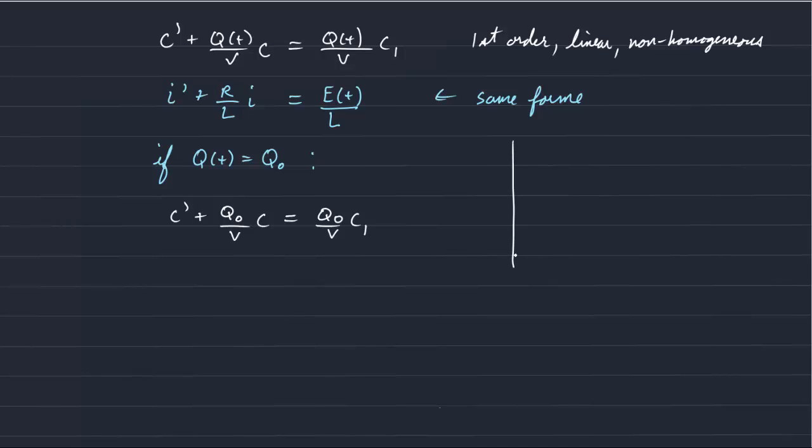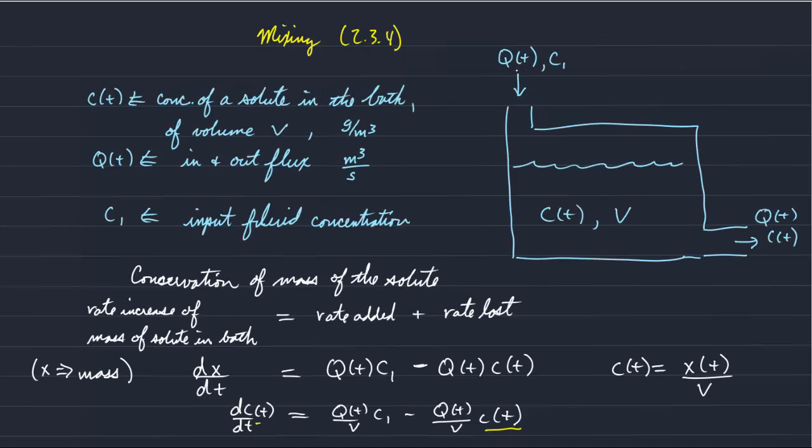So let's look at our solution for the concentration, and let's look at the particular case in which the initial concentration in our bath is 0. Right? So we have a bath, for example, filled with pure water, if water is our fluid, and we're dumping fluid with a non-zero concentration into our pure fluid, and then at the same time we're allowing some of that fluid to escape.